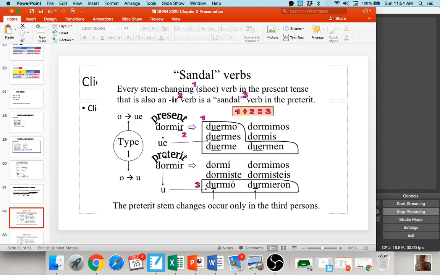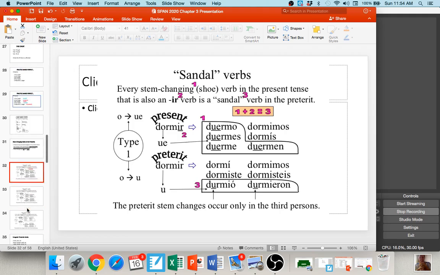Okay, so you conjugate dormir as you would any other preterite verb, chopping off your IR. You get dormí, dormiste, dormimos, dormisteis. Totally normal, no big deal. But down here, instead of dormió with an O, you get durmió, and durmieron with a U instead of an O.